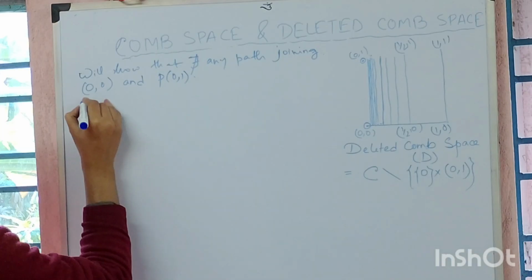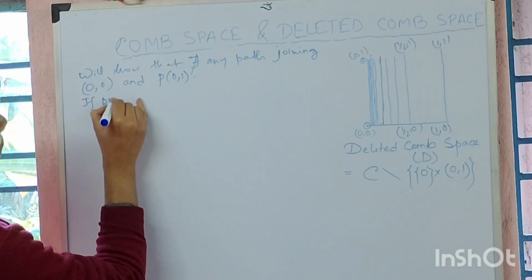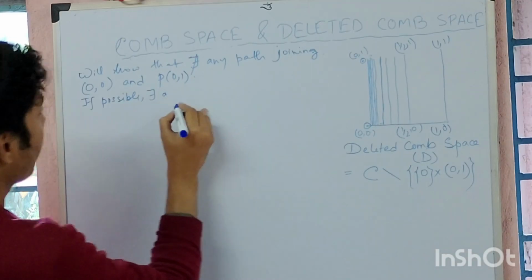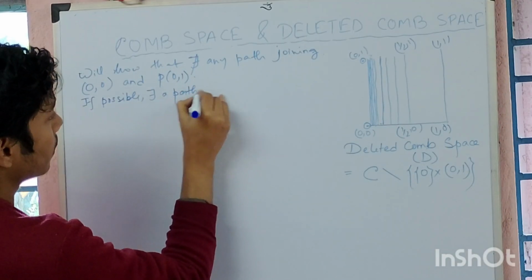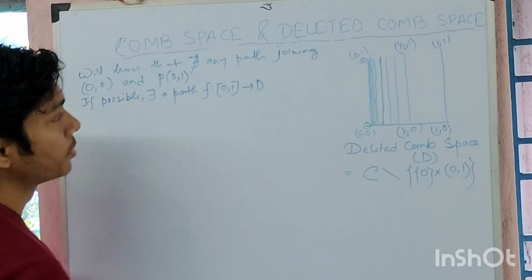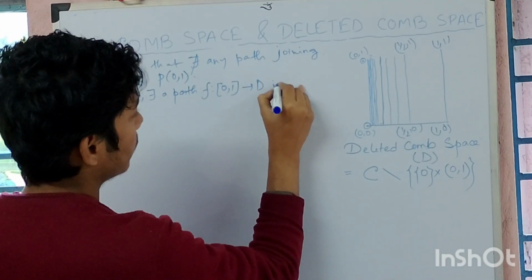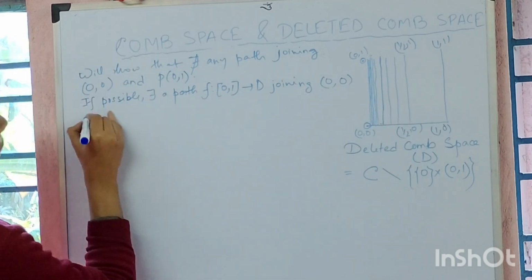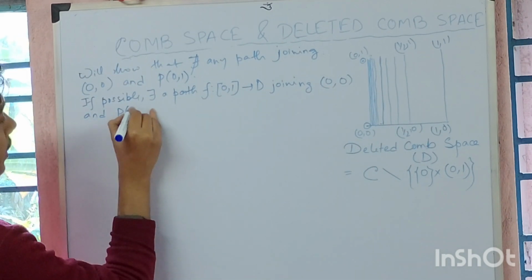Okay, so I am taking, if possible, there exists a path F from 0 1 to the deleted comb space joining 0 0 and P, which is 0 1.